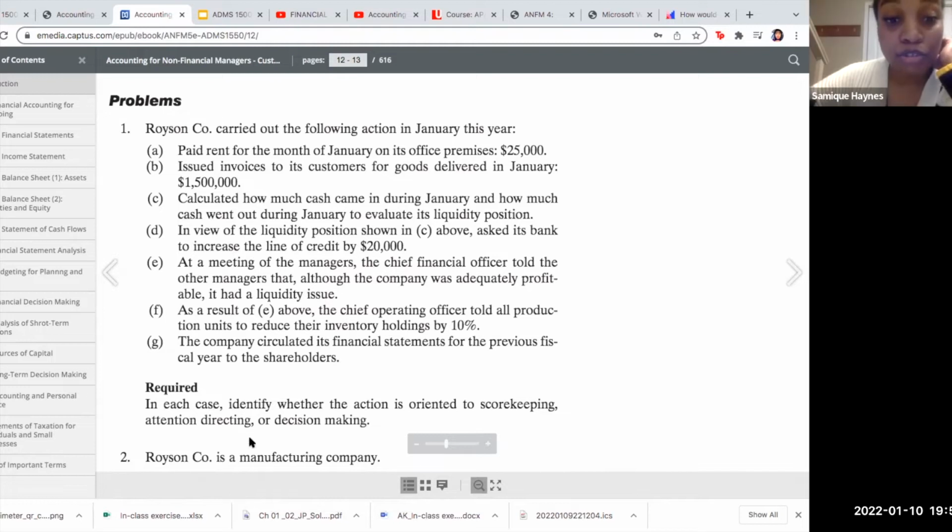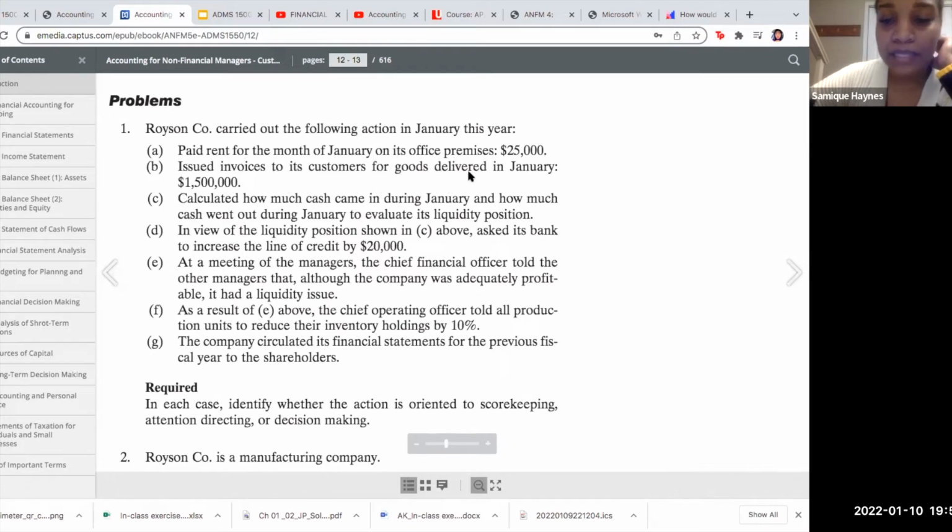Okay, that sounds good, but it sounds like it overlaps with decision making. What do you think the difference is between attention directing and decision making? You don't have to answer that. We'll go through these questions and we'll be able to see what the difference is.